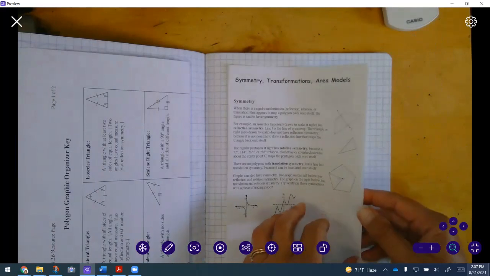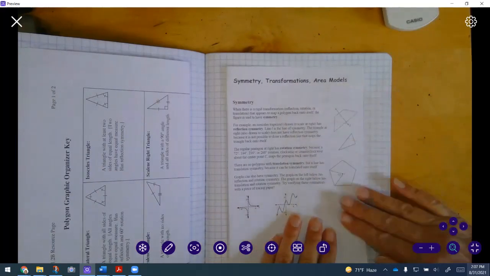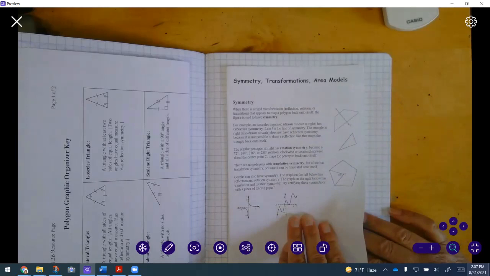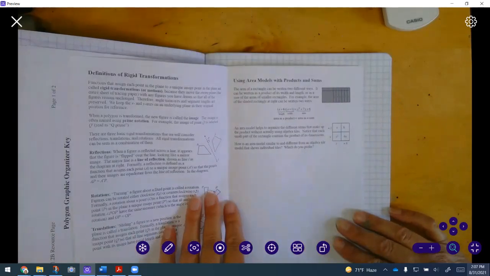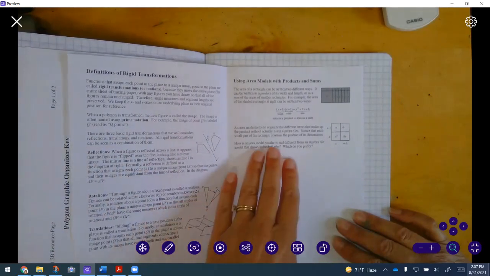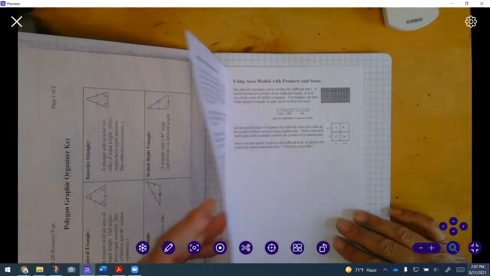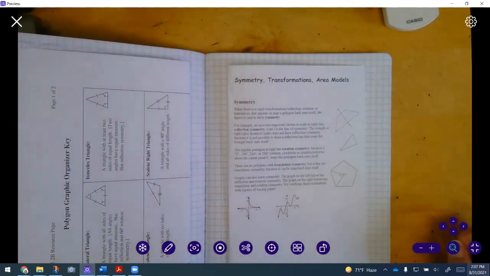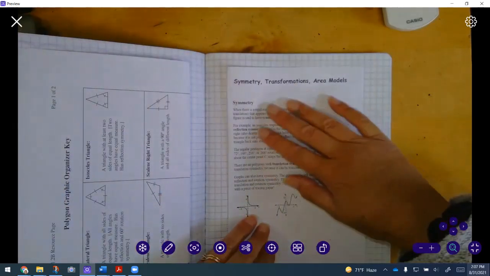And then I'll have this little booklet that has all the information about symmetry, rotational and reflectional, rigid transformations, rotations, reflections, translations, dealing with area models on this one. And so we'll glue that in.